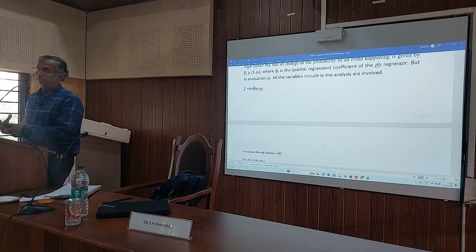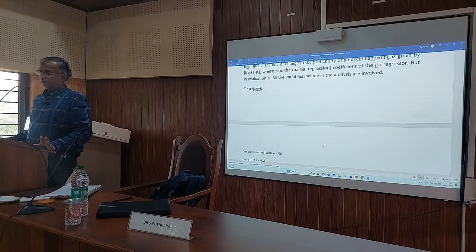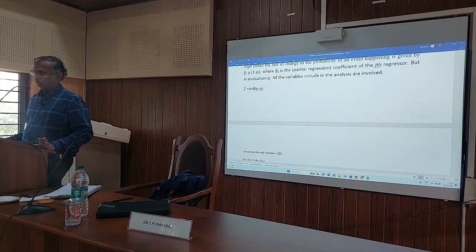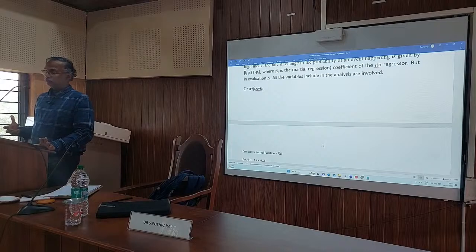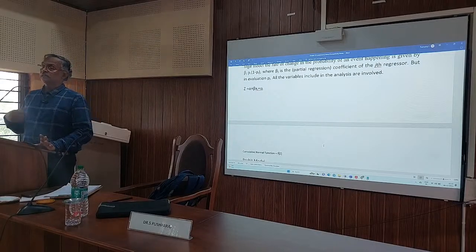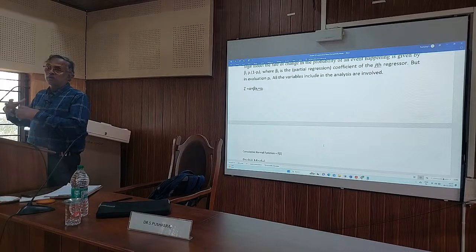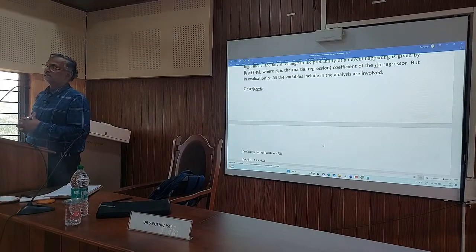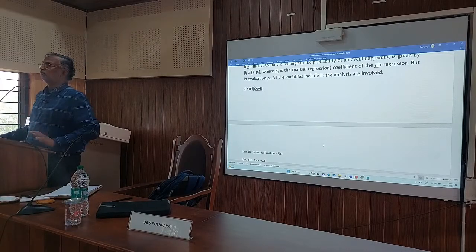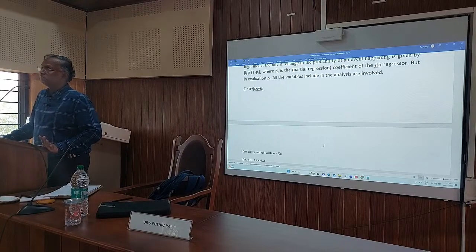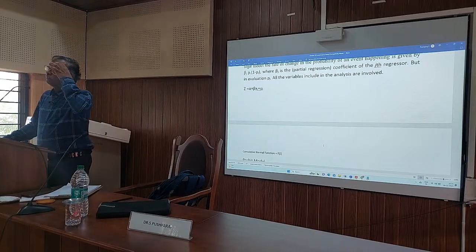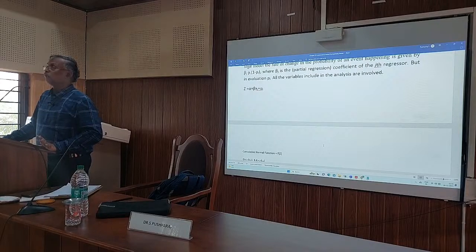So you can derive the z value, and you can derive the cumulative normal probability using this z. So the probability is not directly interpretable in the probit model. You have to convert this z into probability with some functions. In probit models, you won't be able to interpret beta or marginal values straight away.